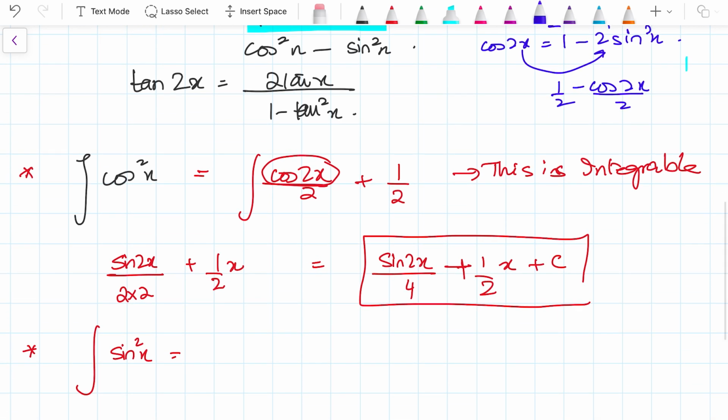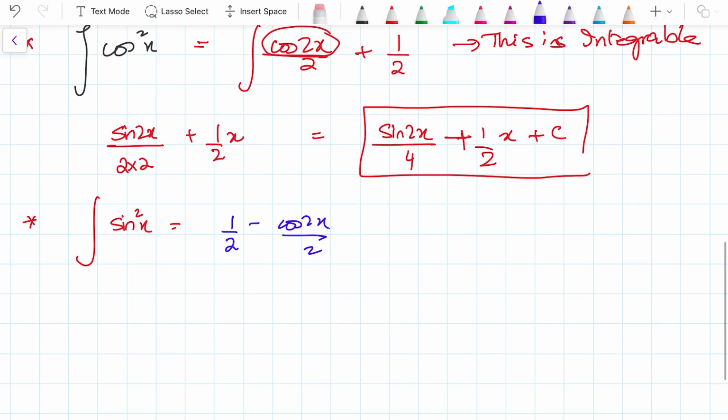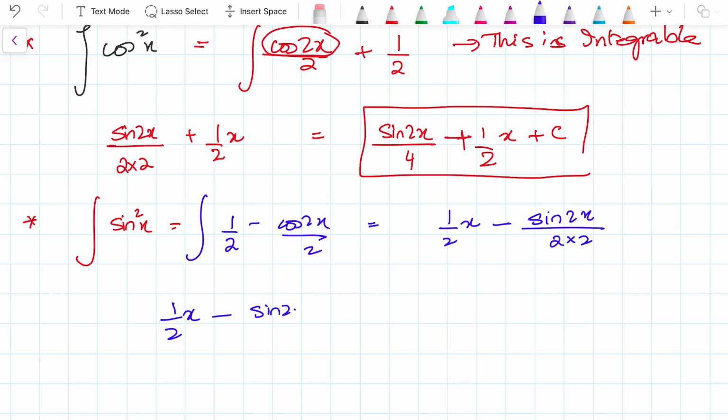So in place of sine square x, we will write 1 upon 2 minus cos 2x upon 2. Let's integrate this. It becomes 1 upon 2 x minus, the integral of cos 2x is sine 2x divided by the differential of the angle. So this becomes half x minus sine 2x upon 4 plus c.